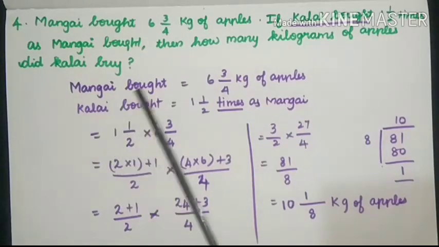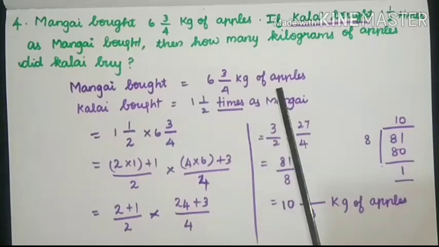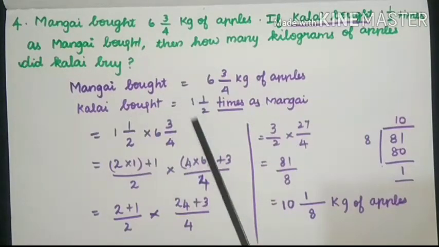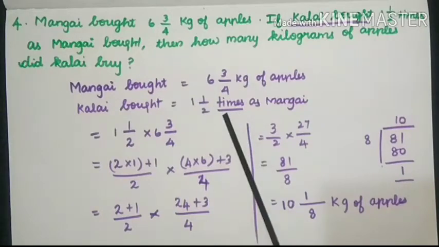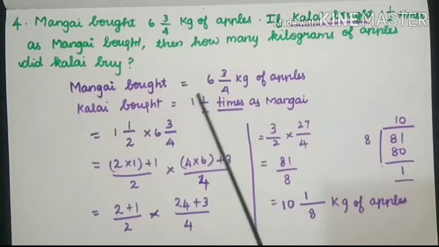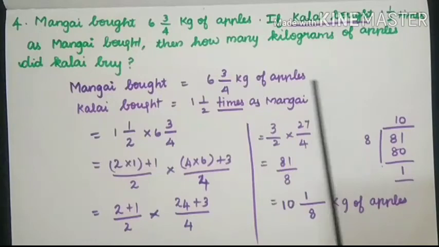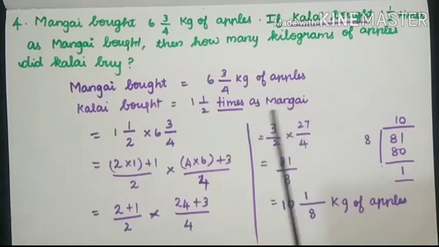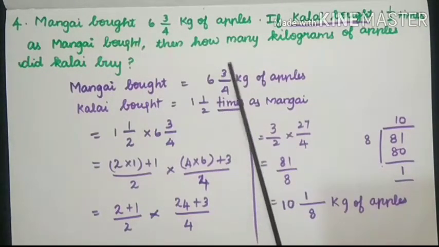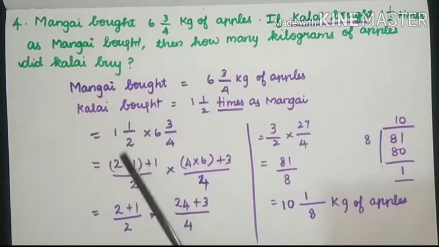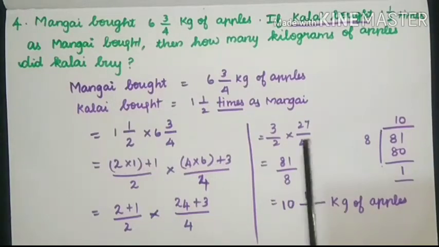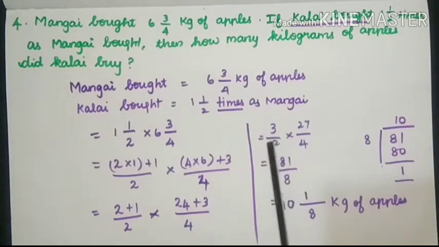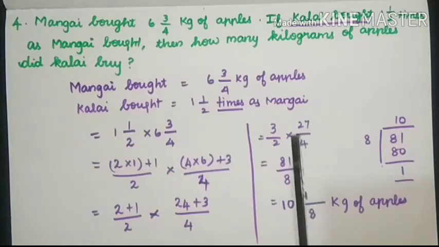See, Mangai bought 6 3 by 4 kg of apples. Kalai bought 1 by 2 times as Mangai. Here the word times represents multiplication. So you have to multiply 1 by 2 into Mangai. How many kg did Mangai buy? Yes, 6 3 by 4. That is 1 by 2 into 6 3 by 4. After changing this mixed fraction into an improper fraction, you will get the answer as 3 by 2 into 27 by 4.